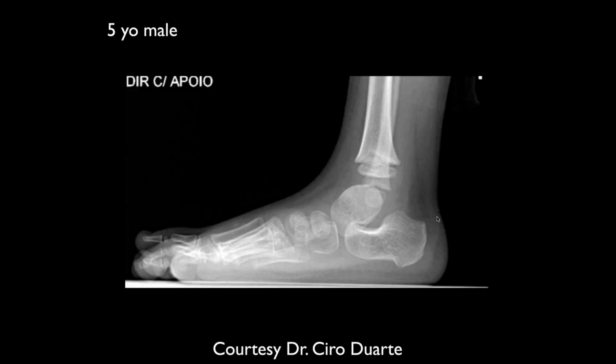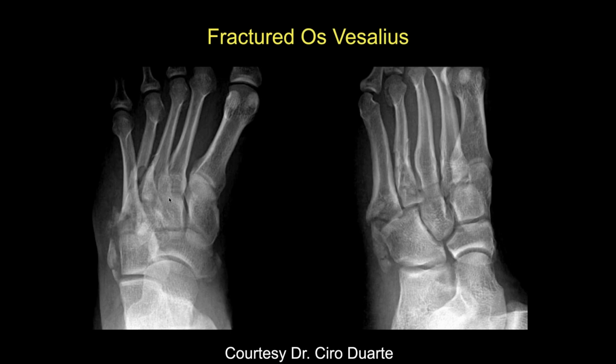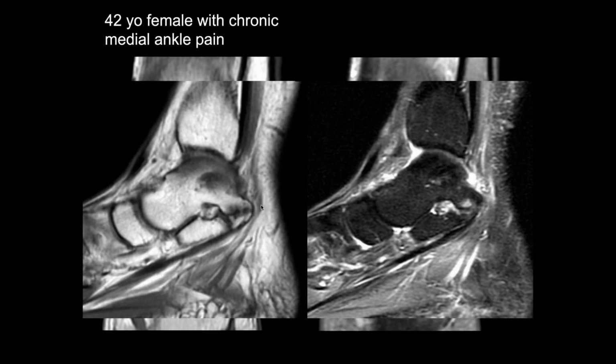But what it turned out is that this actually was not part of the calcaneus, and this was actually an abnormal ossicle in this location, and it must have been developmental because this whole posterior aspect was deformed. If I just saw these images, I would think that this would be the posterior facet of the subtalar joint space, but this turned out to be an ossicle here and not the calcaneus.